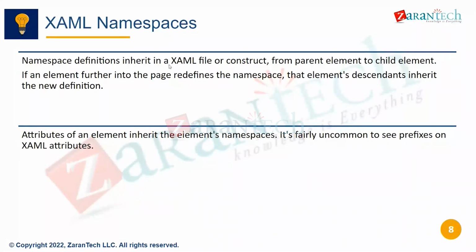Namespaces define inheritance in XAML files, constructed from the parent element and child element. If an element further into the page redefines the namespace, the element's descendants use the new definition. Basically, you don't need to worry about using the same control name within the project.